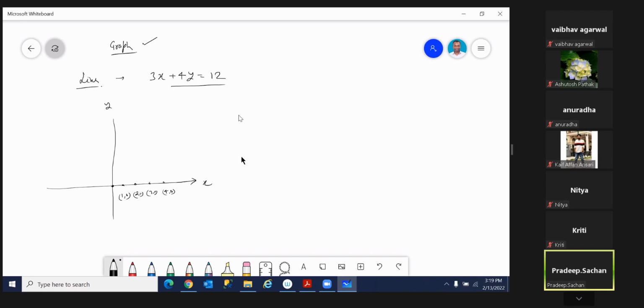And all the points where x coordinate is 0, like (0, 0), then (0, 1), (0, 2), (0, 3), (0, 4), (0, 5) will lie on y-axis, like (0, -1), (0, -2), (0, -3), like this.